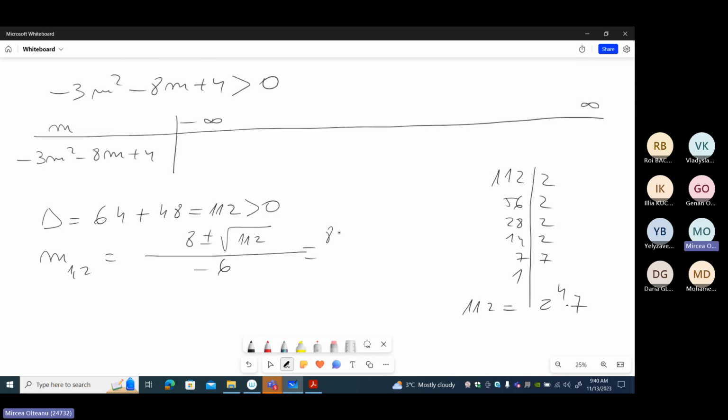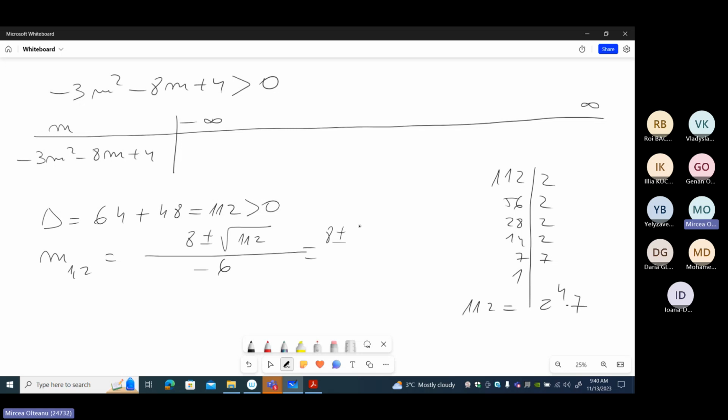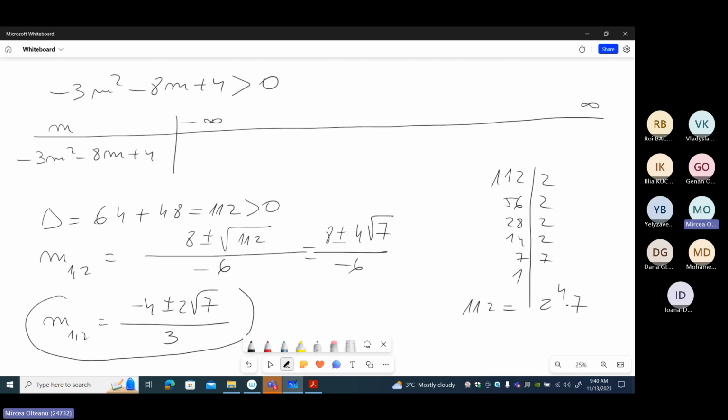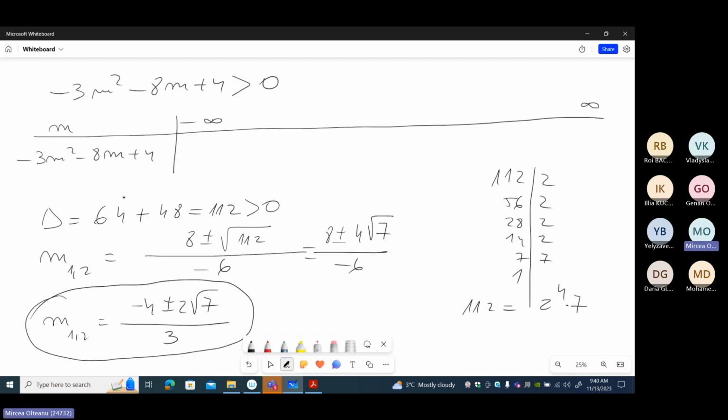So this is 8 plus and minus 4 square root of 7 over minus 6. And here we can simplify by minus 2, which will give us minus 4 plus and minus 2 square root of 7 over 3. So these are the solutions of the equation delta equals 0, actually.